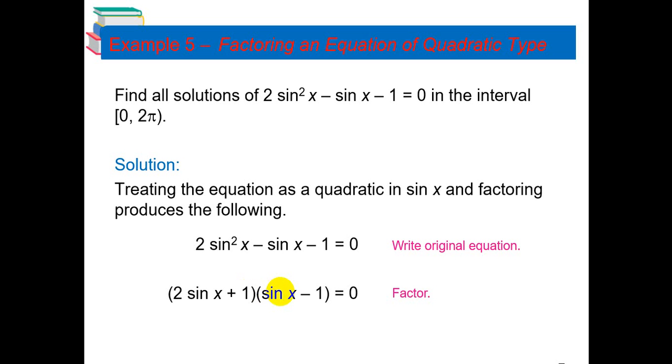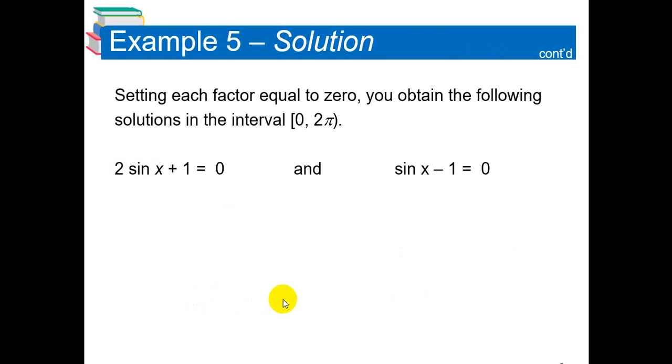These are the factors of the given quadratic equation. Now split them into two linear factors, 2 sin x plus 1 equal to 0 and sin x minus 1 equal to 0, and solve these two equations as you solved in the previous lecture. So this gives sin x is equal to minus 1 over 2, and the other linear equation gives sin x is equal to 1.